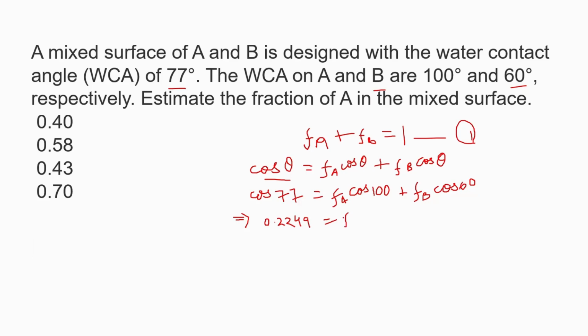Then we have FA, and cos 100 is minus 0.17, so it's minus 0.17 FA plus, cos 60 is 0.5, so FB times 0.5. So this will be our second equation.